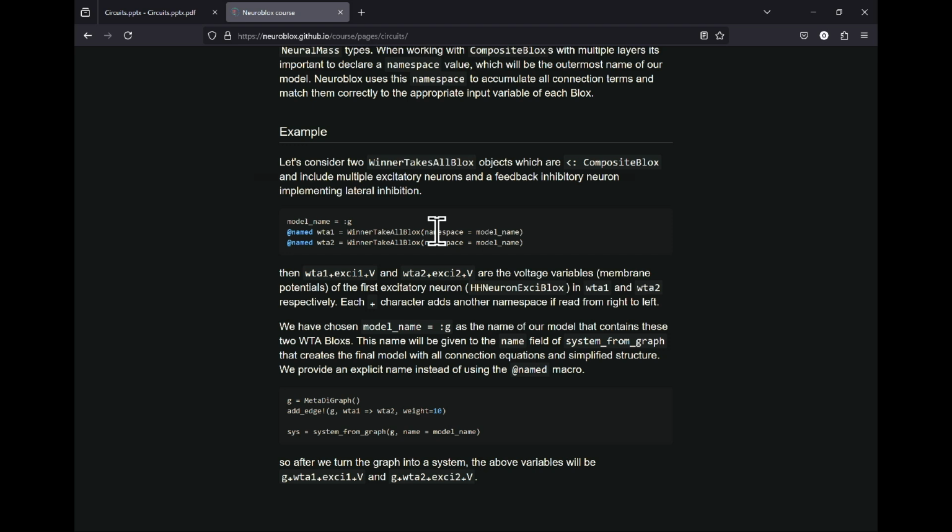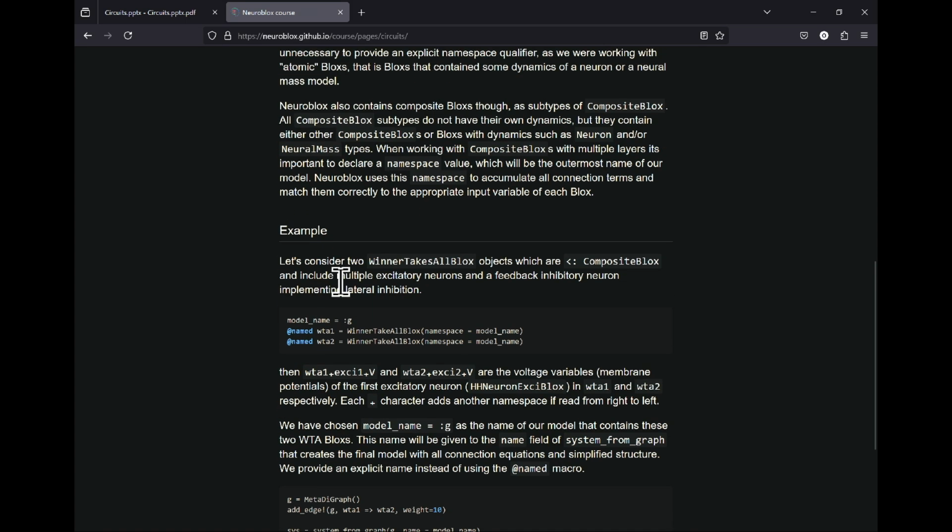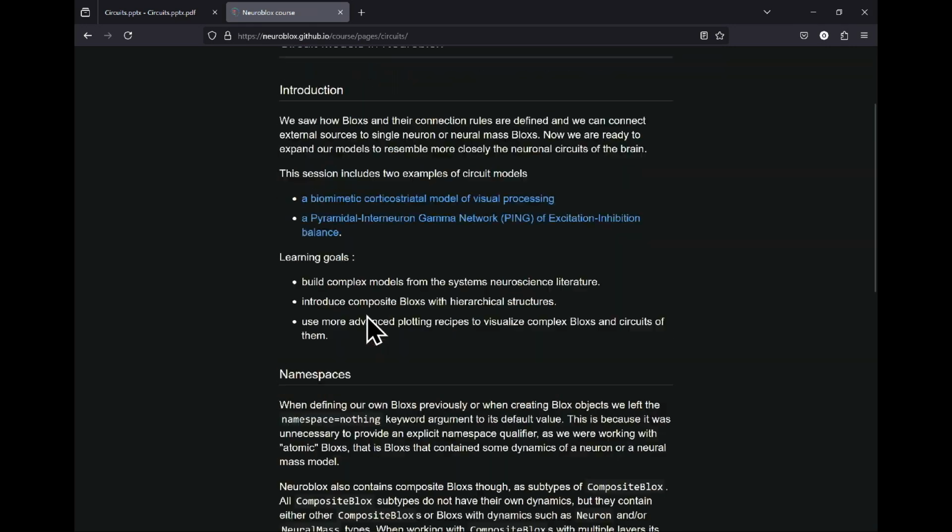But when we have hierarchical blocks, like these cortical blocks in both of the examples, then you need to supply the namespace so that the connections are generated appropriately. We keep track of which neuron each variable is coming from, and how many terms should be added to that input variable, to then be able to substitute that input variable into our differential equations. So it's essential to have this namespace, so please read this namespace section before you start.